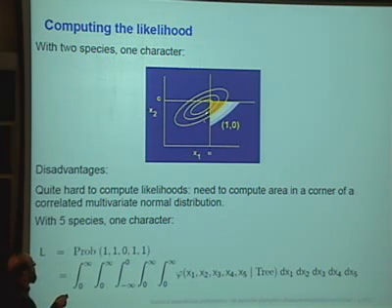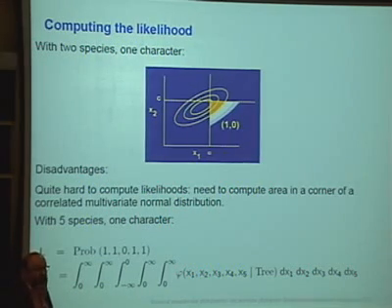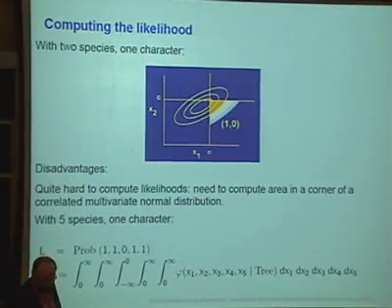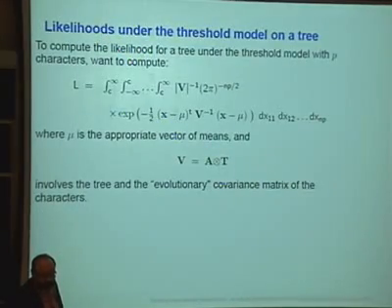And you have to integrate a corner of the distribution and say, well, if there's two tips, the 1, 0 possibility is the volume under this corner, this section here of a correlated, covarying normal distribution. Well, that's hard. There are no simple analytical formulas for it.